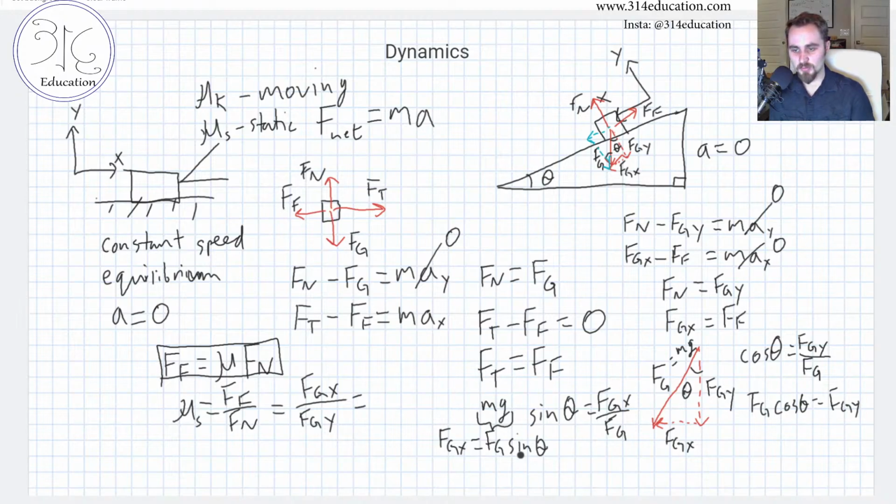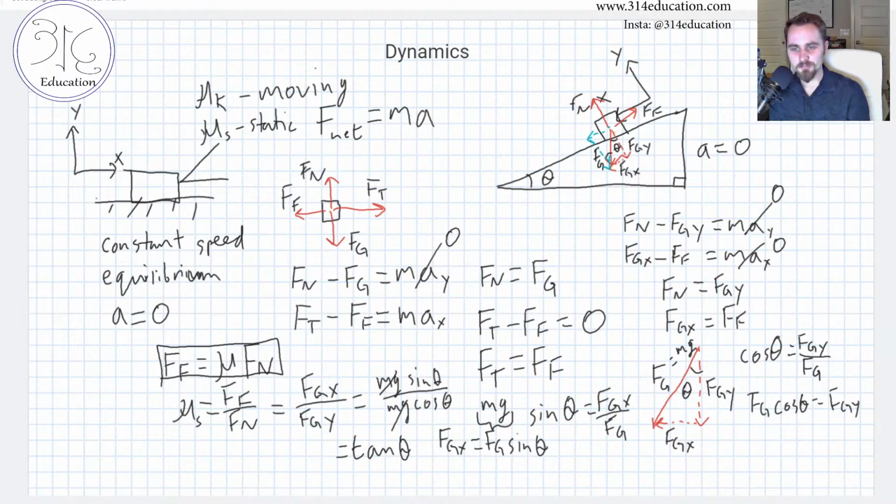And so that's going to be Fg sine theta over Fg cosine theta, but I'm going to plug in the definition of Fg for each here. It's mg sine theta over mg cosine theta. And so we have the same mg on the top and the bottom, which means we can cancel it out. And so we're left with sine of theta divided by cosine of theta, which some of you might recognize as a trig identity, because that's just going to be the tangent of theta.